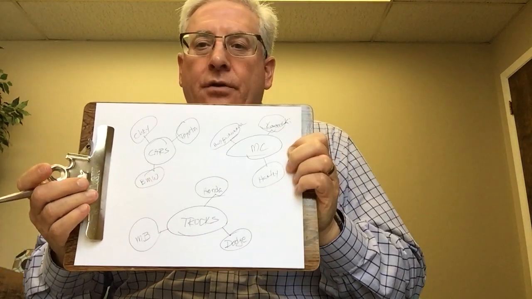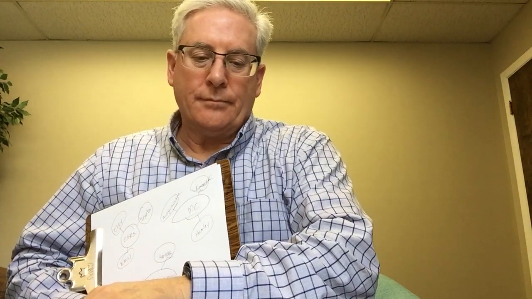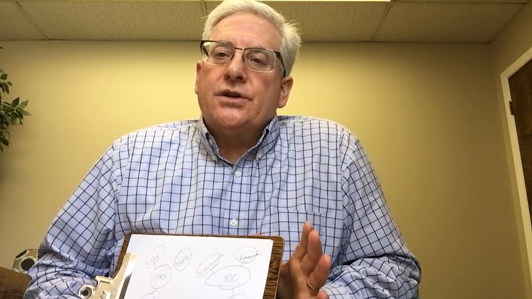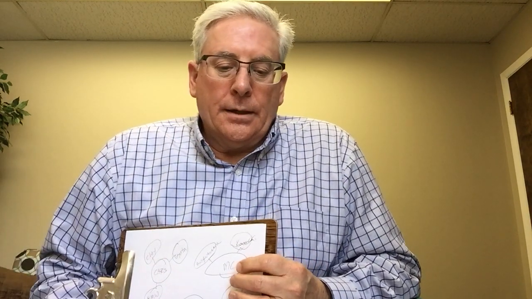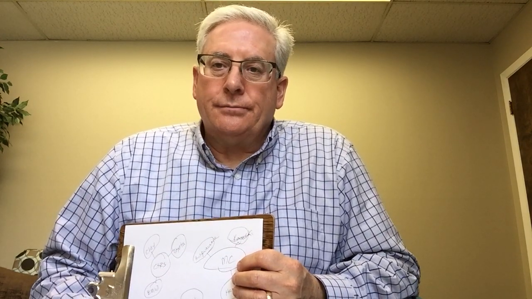So let's try to figure out what a semantic network is. Well, let's get the definition of a semantic network. A semantic network consists of nodes representing concepts joined together by pathways that link related concepts.